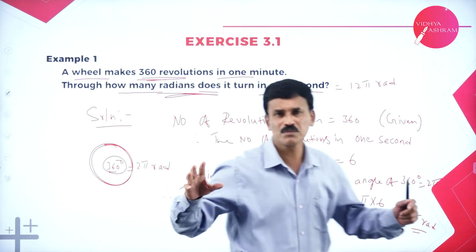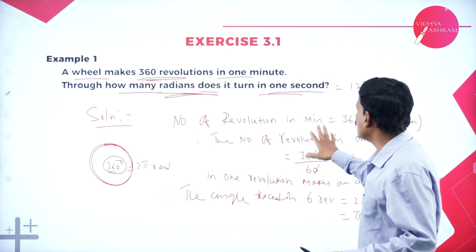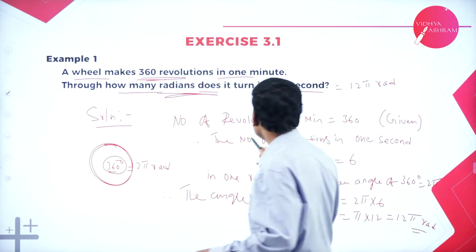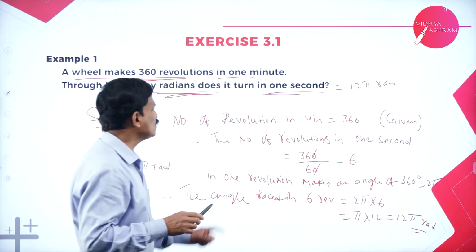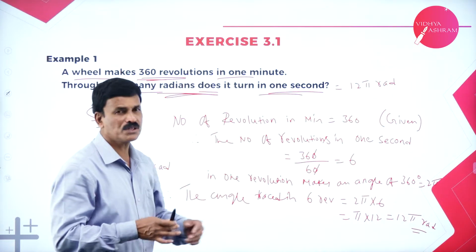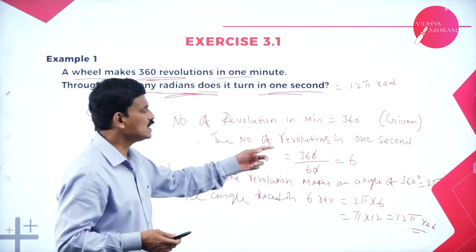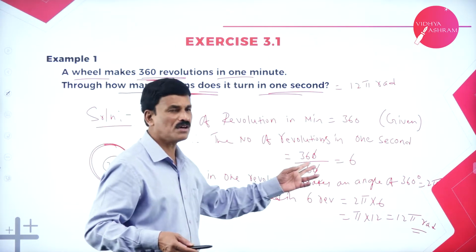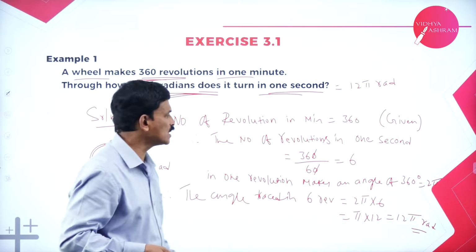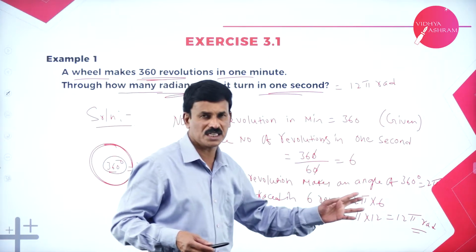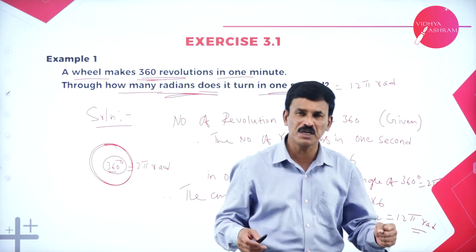That's it, a very simple problem. Just find out the number of revolutions in 1 second: 360 divided by 60 is 6. For one revolution it will cover an angle of 360 degrees, that is 2 pi radians.